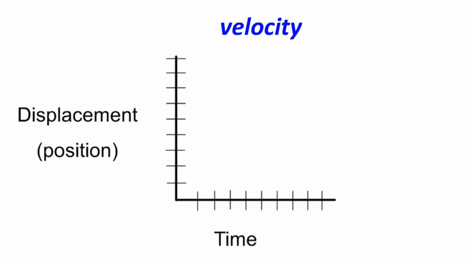So let me put some lines on here. I'm going to draw a line like this. All right, so let's analyze this just like we did before. I'm going to put some hours on here. This is 0 hour.